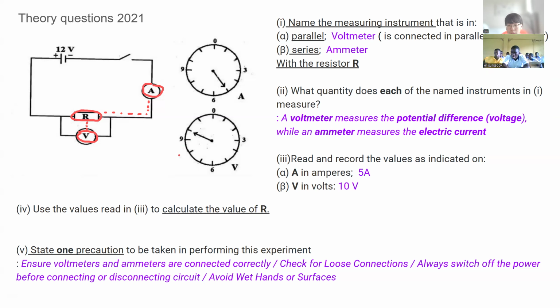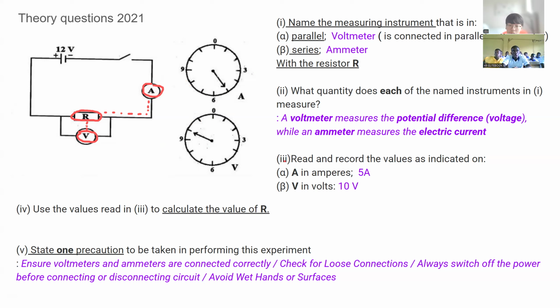Well, the voltmeter measures the voltage, and the ammeter measures the electric current. So voltmeter is for voltage, ammeter is for electric current.